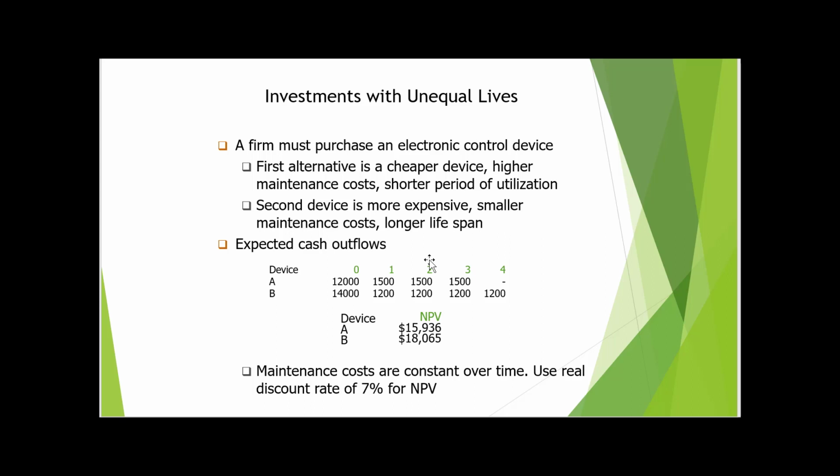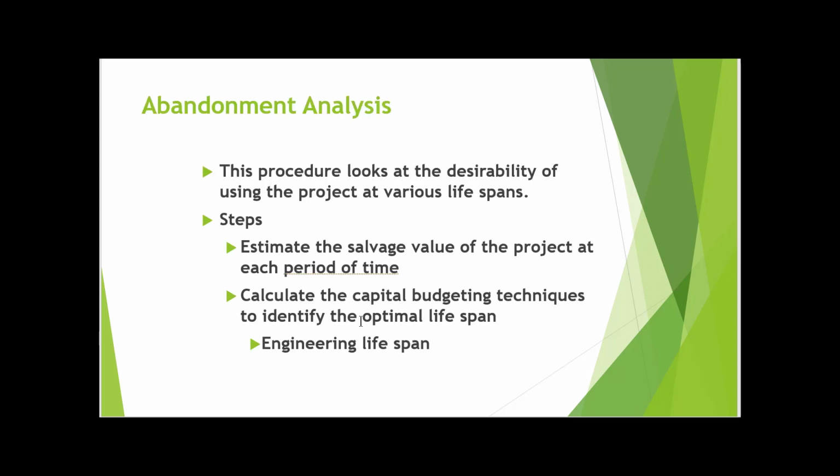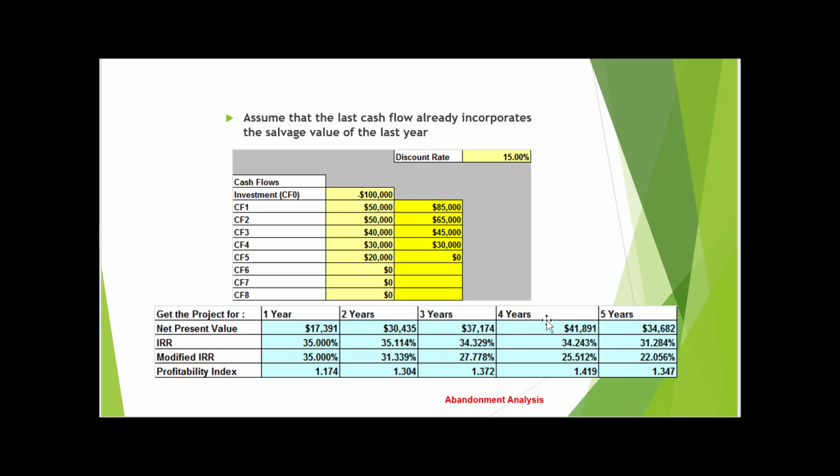So we're going to have a string of net present values. What this will help us do is find what we refer to as the engineering lifespan. This is the optimal life of the project. You should not do the project longer than the engineering lifespan because net present values will decline.